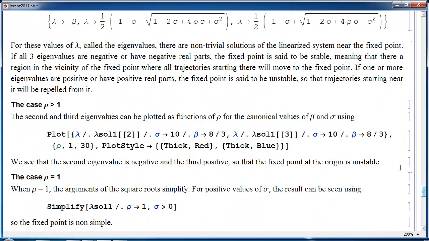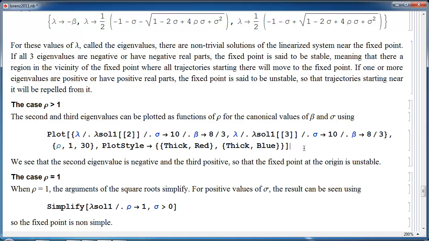So to see that, clearly this eigenvalue is negative, provided beta is positive, so let's plot the other two. I've plotted them for sigma and beta equal to their canonical values, for both eigenvalues, as functions of rho.